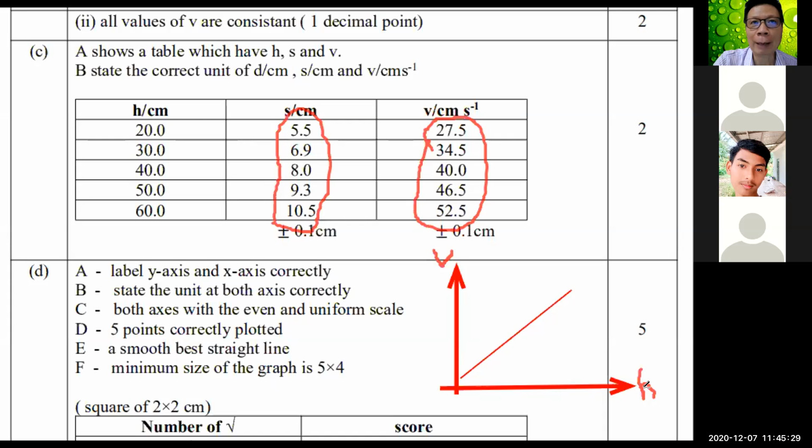But I'm sure some of you will adjust your ruler so that the graph passes through the origin. When the graph passes through the origin, you can keep the answer directly proportional. Kimberly, understand? You adjust the ruler so your straight line passes through the origin, then you can say V is directly proportional to H. That's fine, don't worry.